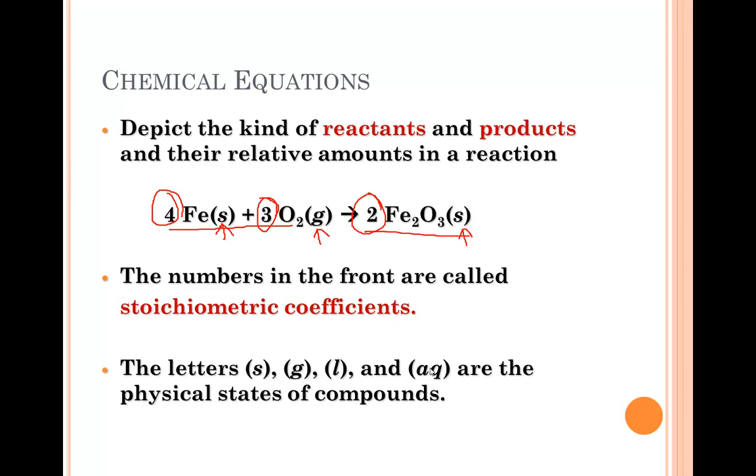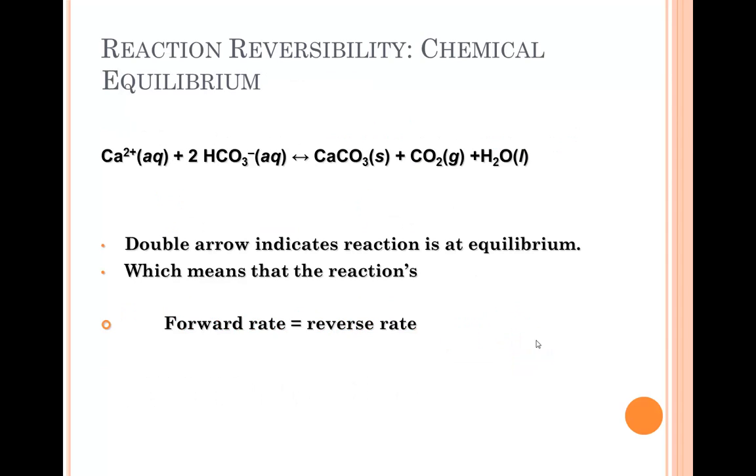This is aqueous, meaning it's dissolved in water. Sometimes you'll see a double arrow in the reaction. That means that the reaction can go forwards and it can go backwards, and it means that it is at equilibrium.